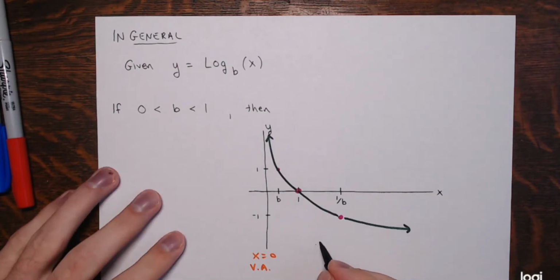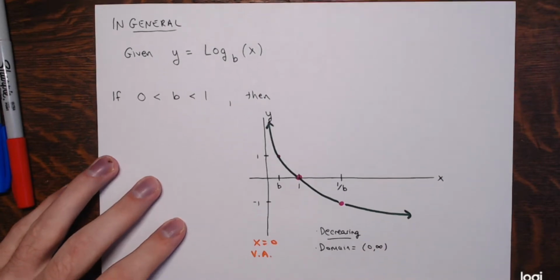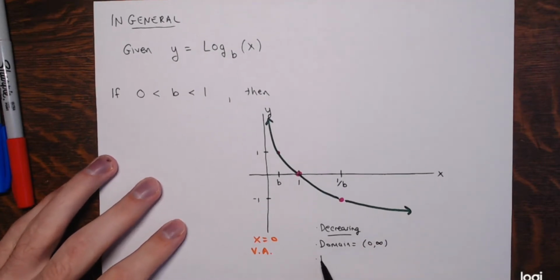It's a decreasing function. The domain is all positives. You can take the log of only positive numbers. And range goes up forever, down forever, no gaps. The range is all real numbers.